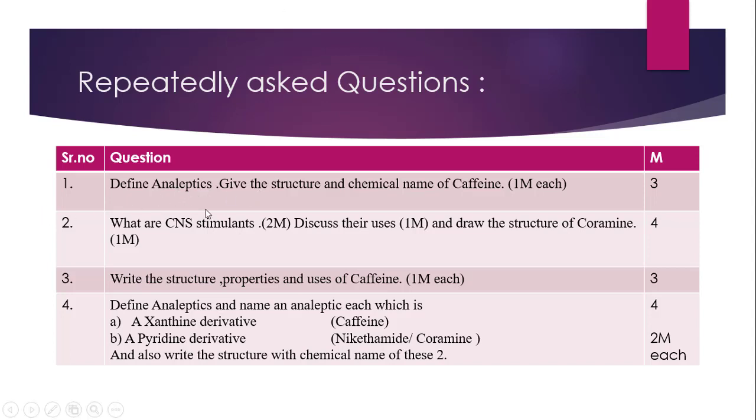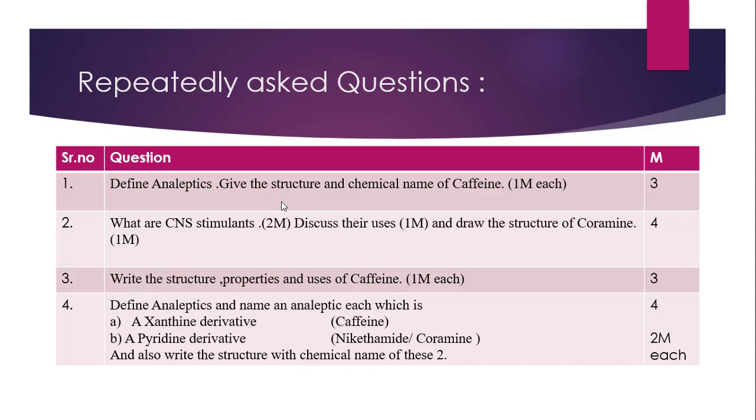So as usual, you are supposed to define the analeptics along with the definition as we have done for the earlier chapters. Then along with it, the combined question is there. Give the structure and chemical name of caffeine. Caffeine, as we have seen in the classification, is amongst the most important drugs and you are supposed to do the complete drug.